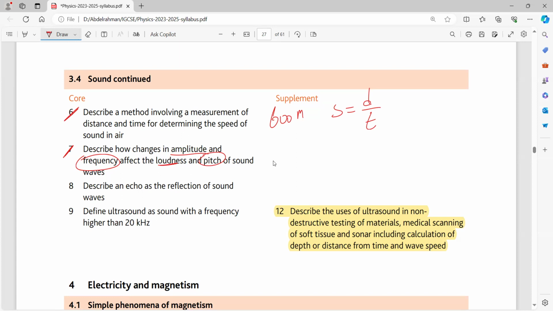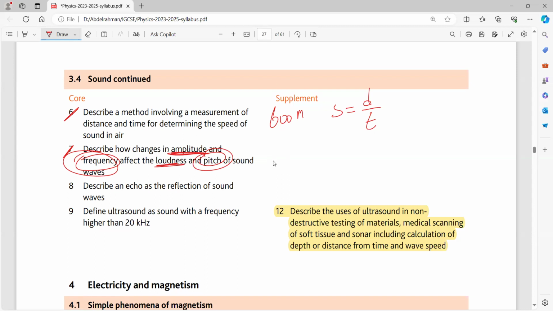If the loudness increases, the pitch does not have to increase. You can increase the pitch while the loudness remains the same, or decrease the loudness. The frequency has to do with the pitch: when you increase the frequency, the pitch increases. When you increase the amplitude, the loudness increases, and vice versa.